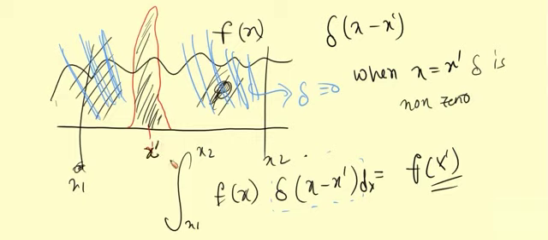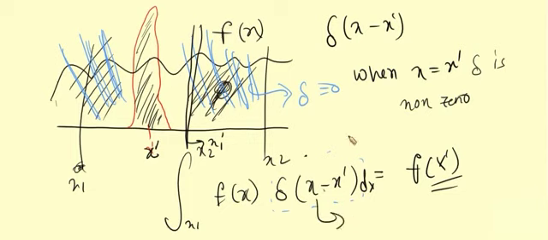If you had taken, let's say, some x1 prime, and wanted to integrate f of x from x1 prime to x2, there wouldn't be any delta contribution, because the delta spike is at x prime. It's sometimes called the impulse function. Let me just write it over here. This is also called the impulse function.